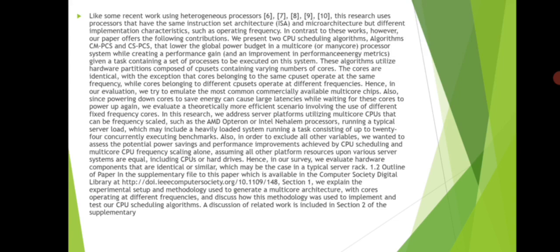Section 1.2 outlines the paper. In the supplementary files of this paper, available in the Computer Society Digital Library, the experimental setup and methodology used to generate a multi-core architecture with cores operating at different frequencies are described, and we discuss how this methodology was used to implement and test our CPU scheduling algorithms. A discussion of related work is included in Section 2 of the supplementary file.